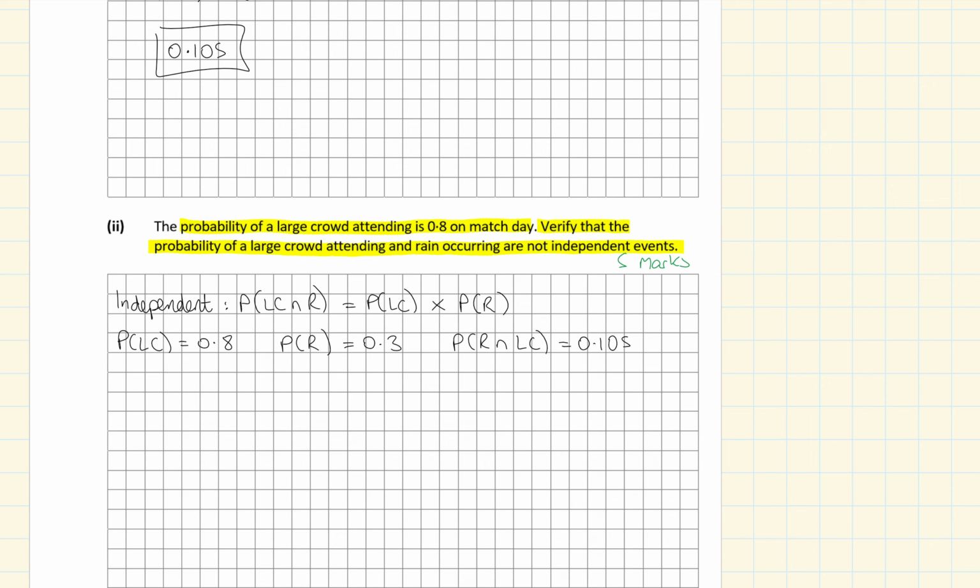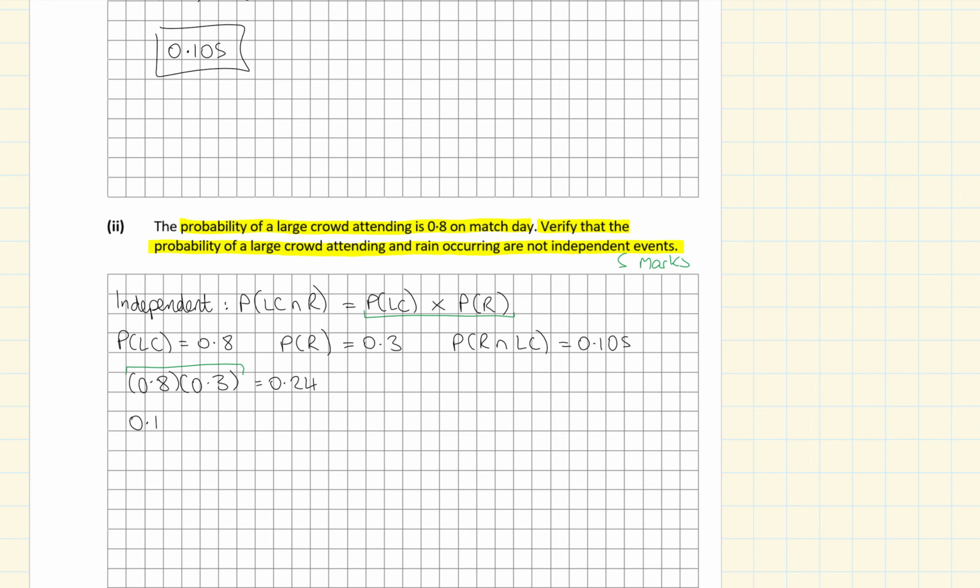So first thing I'll deal with here is this part. So we're going to have 0.8 times 0.3. So there's my workings there for the right hand side of the equation. So 0.3 by 0.8 will give me 0.24.